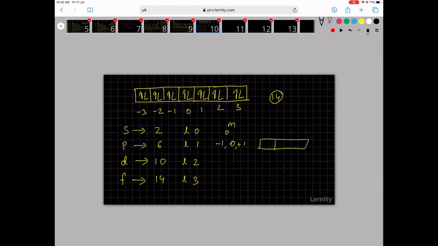For d it will be -2, -1, 0, 1, and 2, so 5. For f it will be -3, -2, -1, 0, 1, 2, 3, so it will be 7. Okay, so this is how it works.